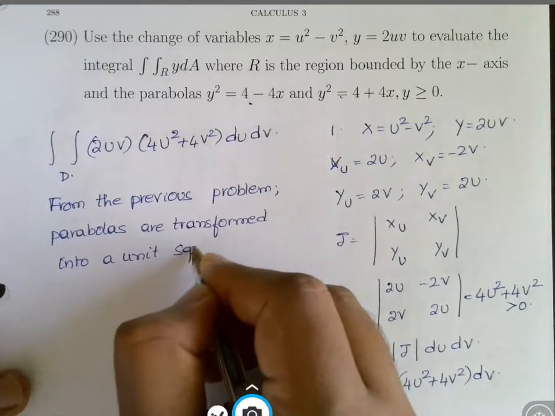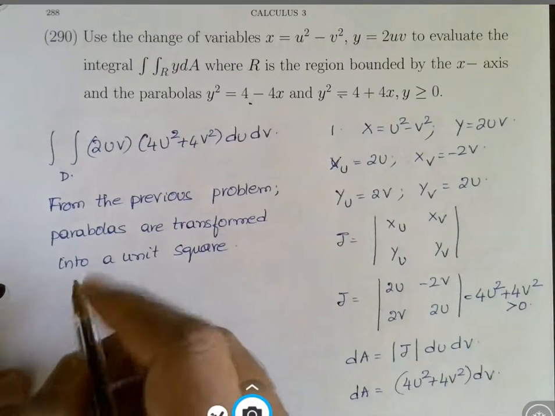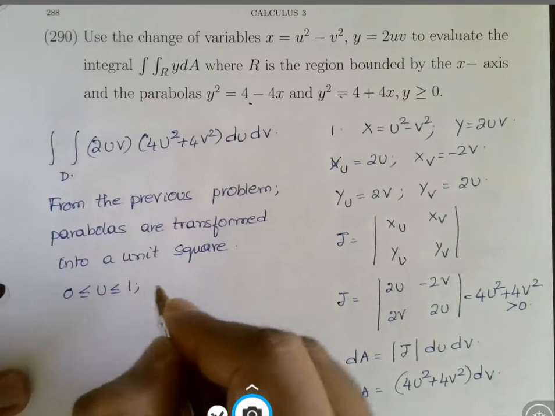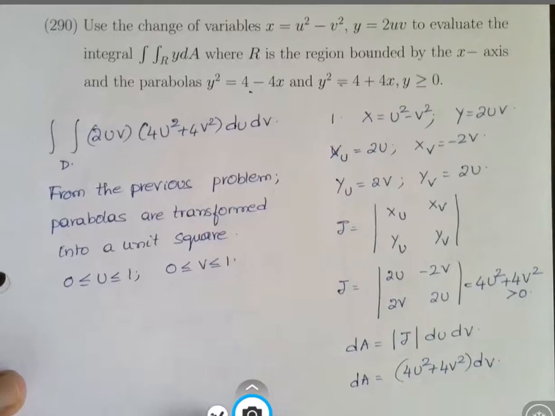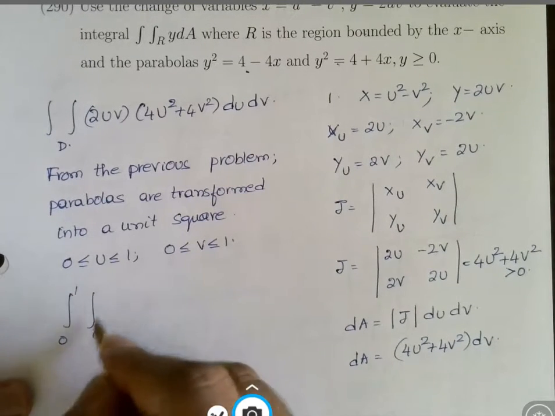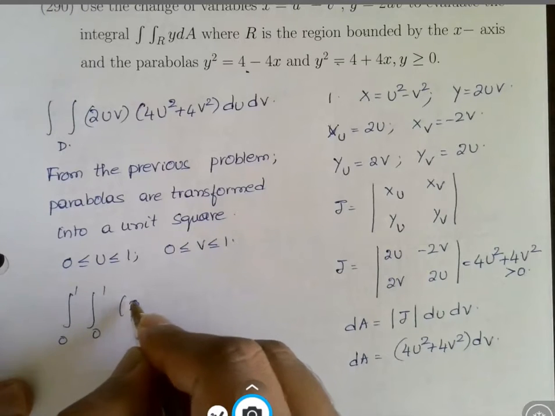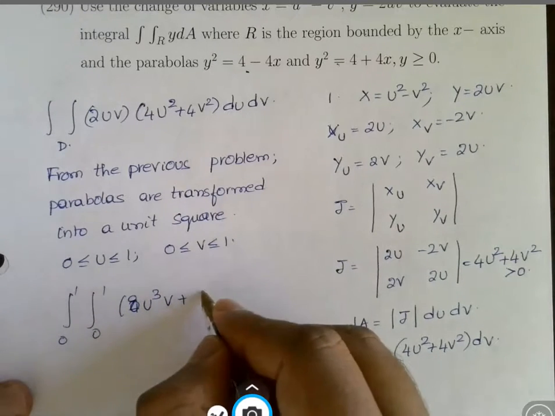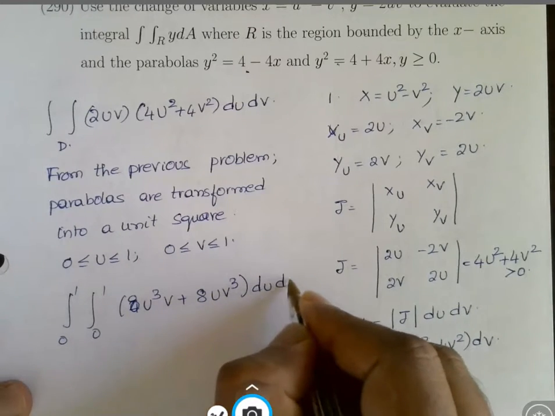If you're transforming onto the unit square, then you get 0 is less than or equal to u is less than or equal to 1, 0 is less than or equal to v is less than or equal to 1. So then your integral would be 0 to 1, 0 to 1, 8u cubed v plus 8uv cubed du dv.